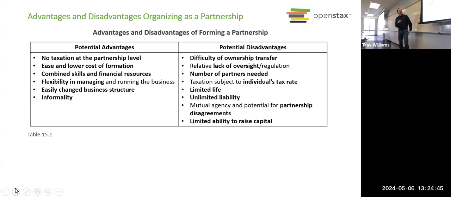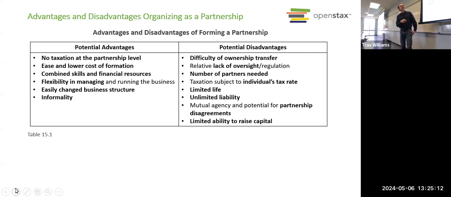You combine the skills and the financial resources of all the partners. It's flexible in terms of how you manage the business. If you decide to change it from a partnership to a corporation or LLC, it's not that hard to do, so you have that option. And you don't have a board of directors overseeing things, so it's fairly informal. It's the partners that oversee things.